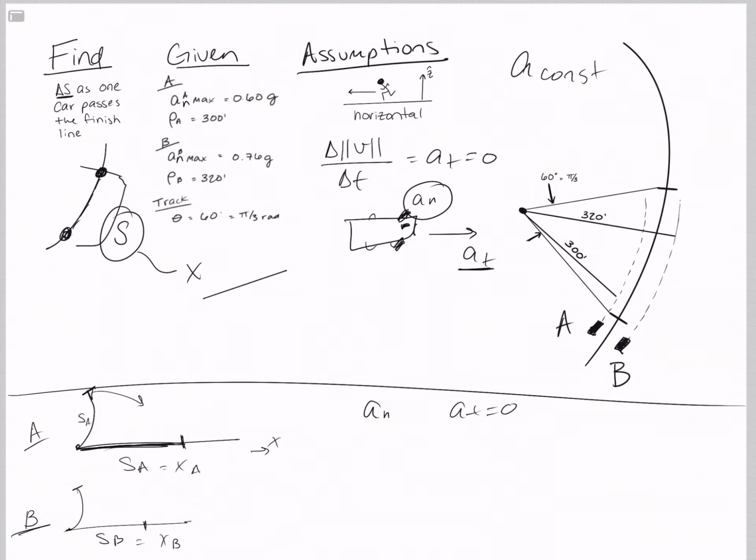Okay. Now, how do we know what we're supposed to solve for? Well, we have AN and AT equals 0. AN doesn't really go towards the equations that in the very first video of this we derived, but AT does.